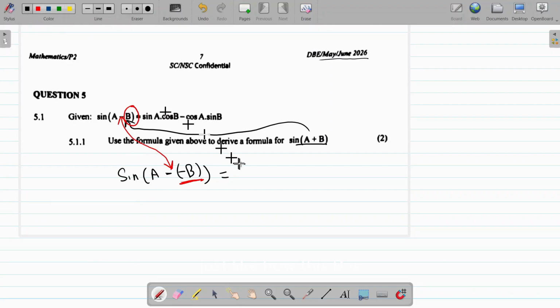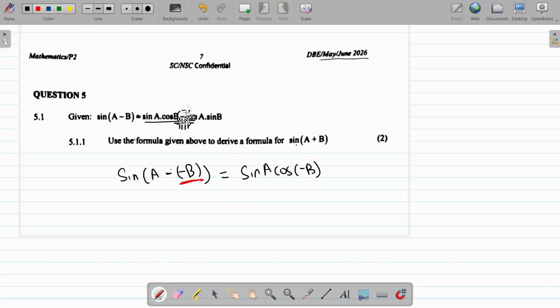Right. So now, because we're told that the sine of a minus b is this over here, which is sine of a cos b, in this case it will be sine of a cos of minus b.